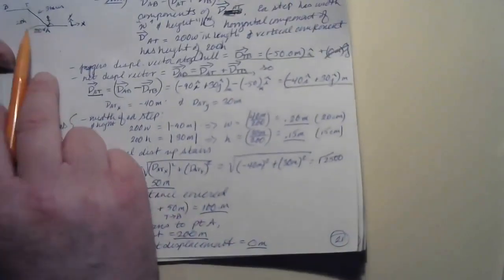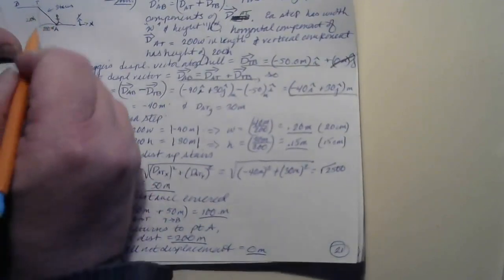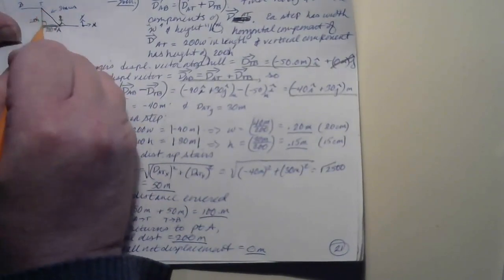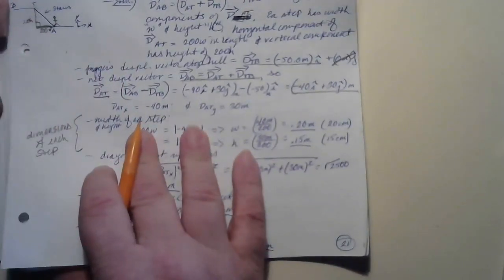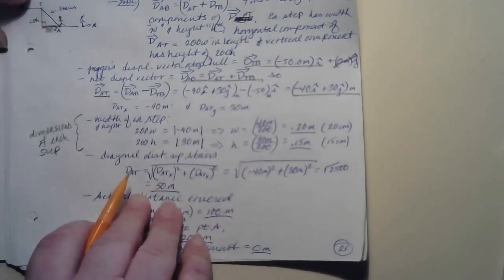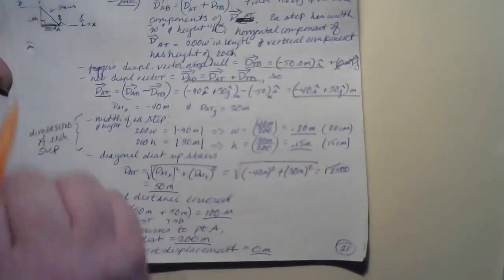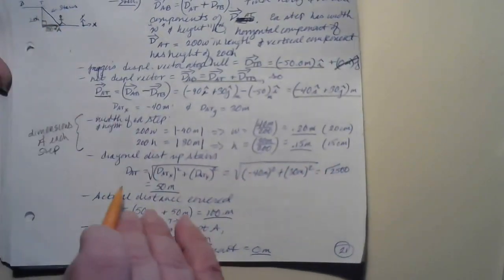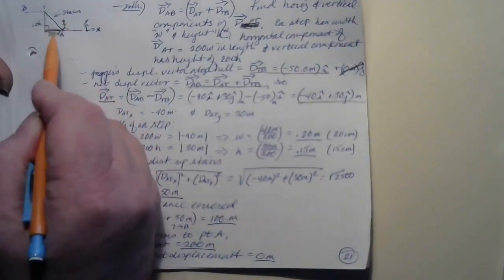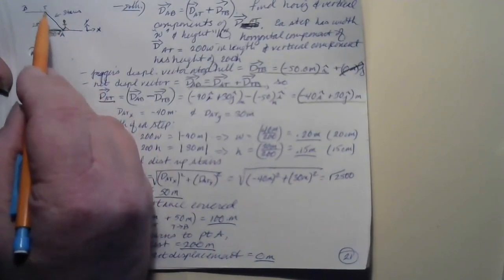Drawing it the way I've drawn it here, I haven't drawn it terribly carefully, but hopefully you can tell from my fractured artistic skills that what you've got here is a right triangle. The distance from A to T is the hypotenuse of the right triangle, and so we use the Pythagorean theorem to find it. It's the square root of the x component squared plus the y component squared.